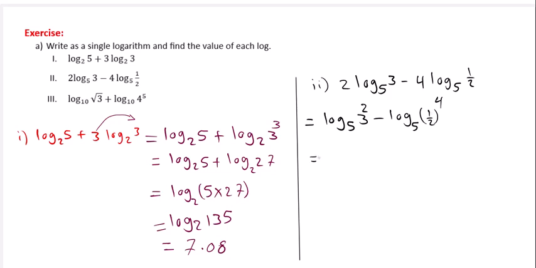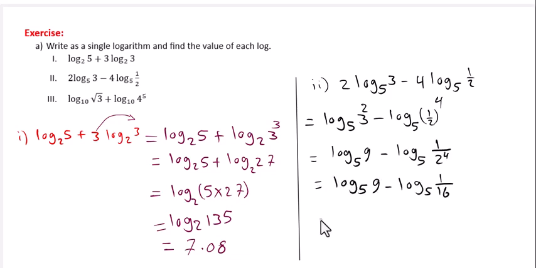Which is equal to log to base 5 of 3 to power 2, which equals 9, minus log to base 5 of 1 over 2 to power of 4, which equals 1 over 2 to power 4, which is equal to 1 over 16. And here, since we have the difference of two logs with the same base without coefficients, I can use the quotient rule in order to get a single logarithm.